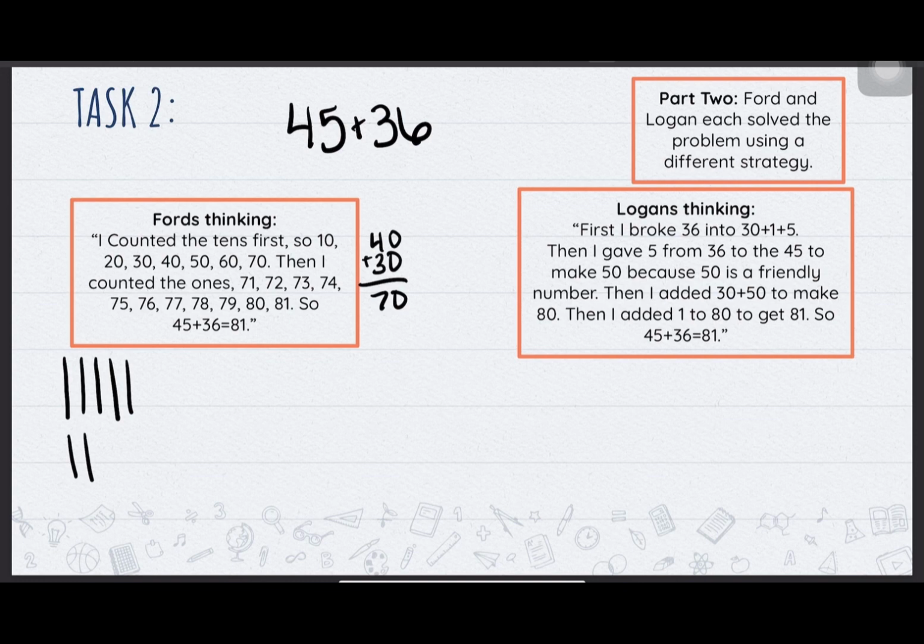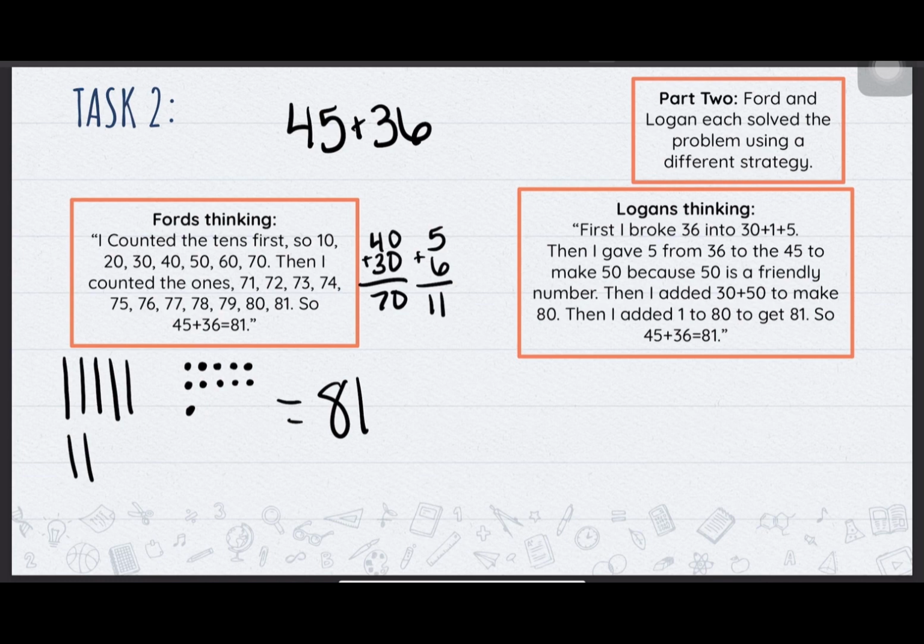Then he counted the ones. So 5 plus 6, which equals 11. So then we're going to draw 11 ones. 1, 2, 3, 4, 5, 6, 7, 8, 9, 10, 11. And when we total that up, we get 81.